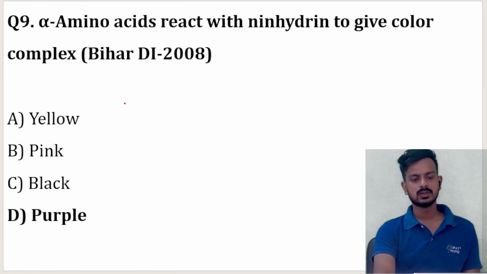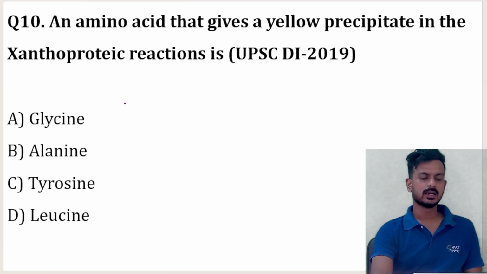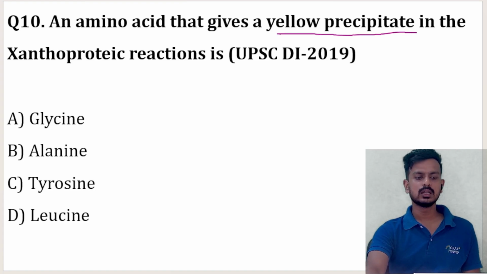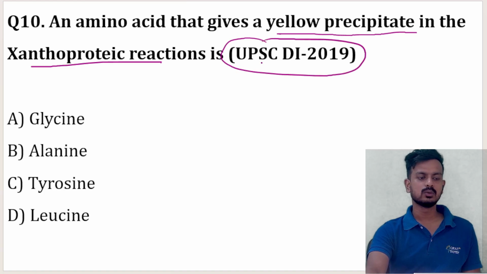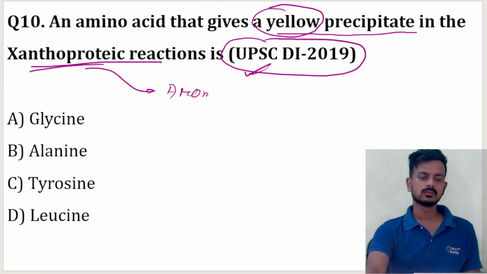Okay. Last question of today's class: an amino acid gives a yellow precipitate in the xanthoproteic test, and it was asked in UPSC DI 2019. First question, why is the xanthoproteic test used? This is for aromatic amino acids.